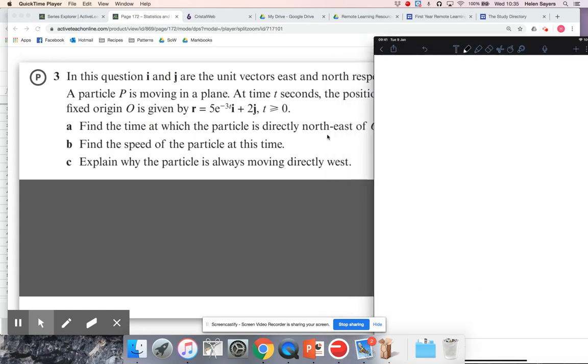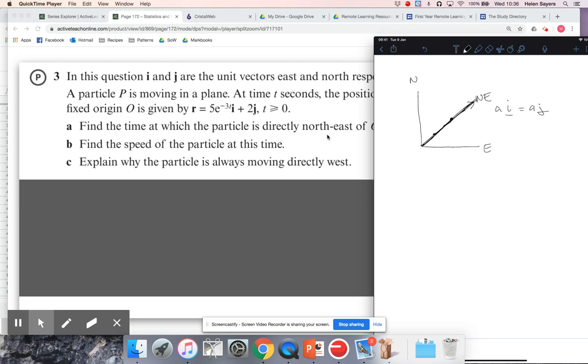So if something is directly northeast of the origin, so north and east, so northeast is going to be in that direction there. So if it's somewhere along this line, if we think about it in terms of x and y coordinates or i and j vectors, anywhere on that straight line, the i vector is going to equal the j vector, or the x coordinate will equal the y coordinate.